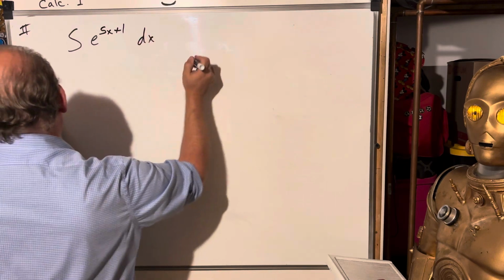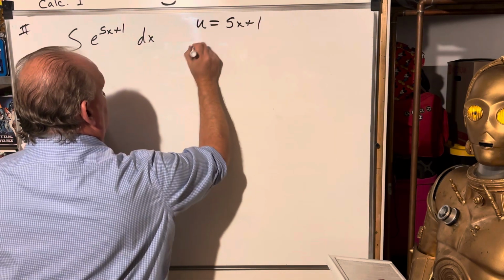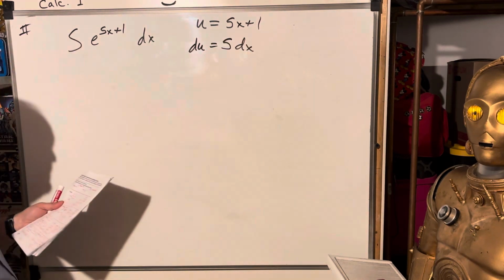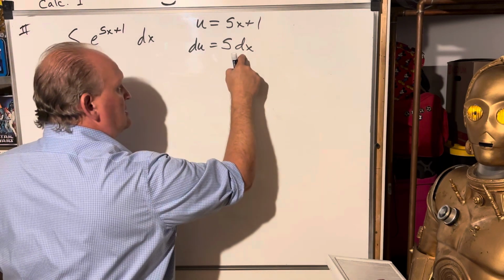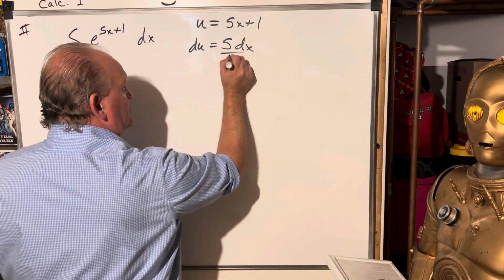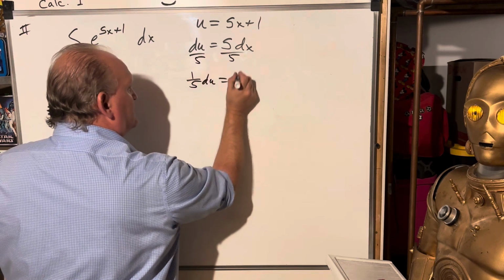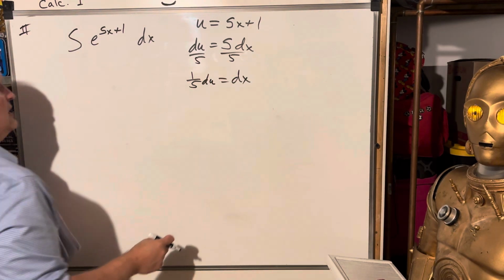All right, so u is equal to 5x plus 1. du is equal to 5 dx. Problem, we don't have a 5 there. We just have a dx. So we want to solve that out for dx. Divide both sides by 5. 1/5 du equals dx.